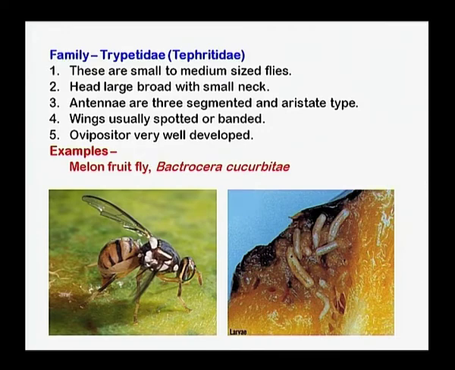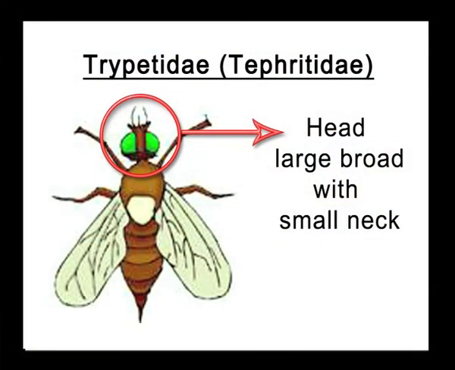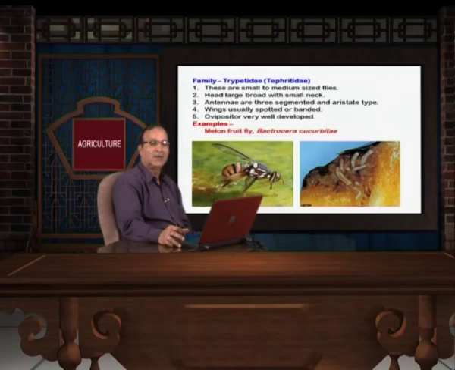In other words, the head is attached posteriorly to the middle part of the body, that is the thorax, by a small neck-like structure, which is not a true neck. It resembles a neck, and that's why this area is known as cervicum.